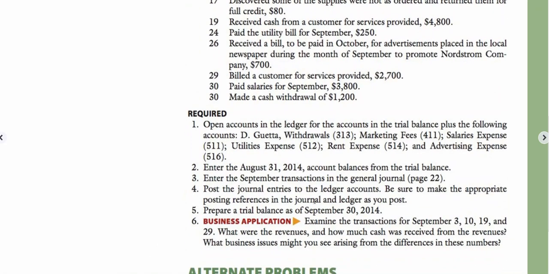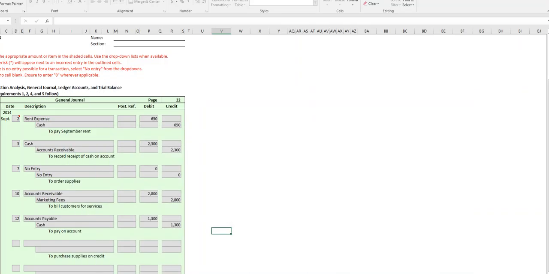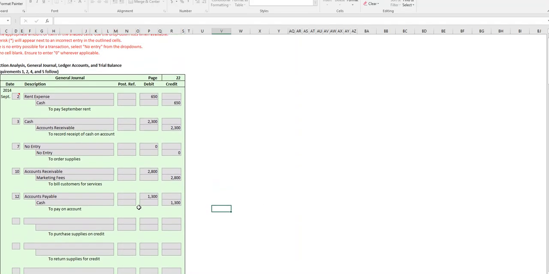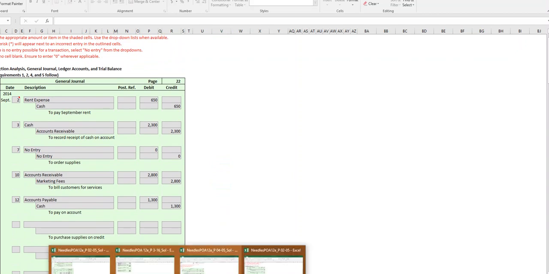So after we've done that, we would go to number 4, post the journal entries to the ledger. So make sure to do the appropriate post referencing. So let's assume that we've put all of this information in and I can show you what it's going to look like.